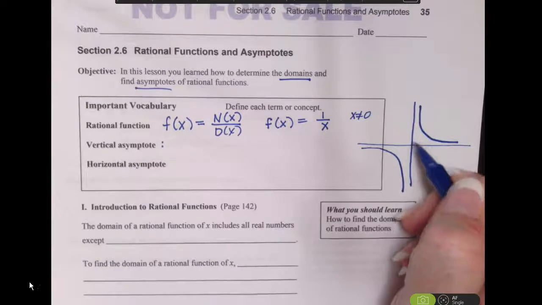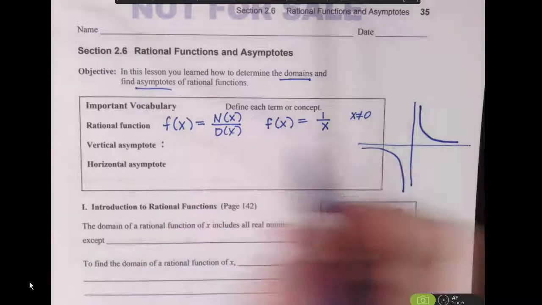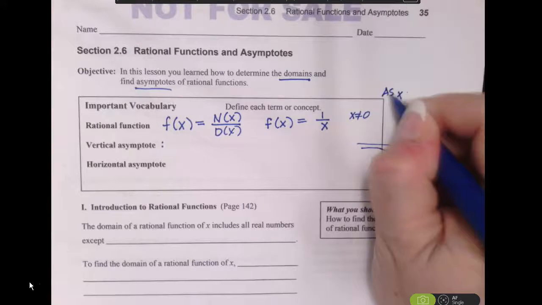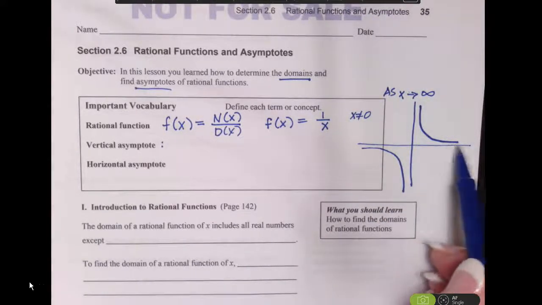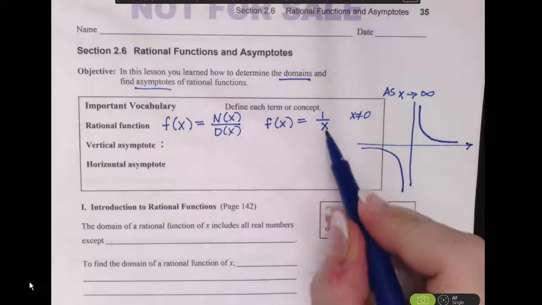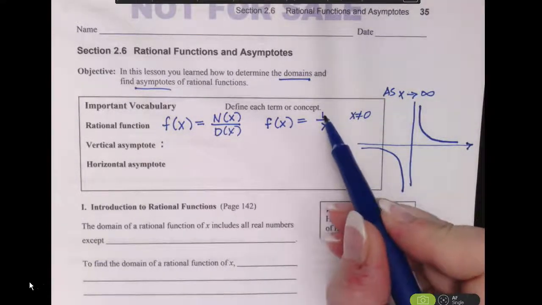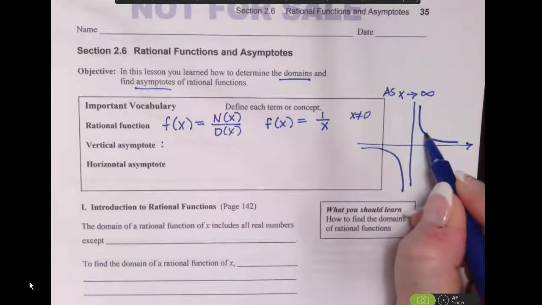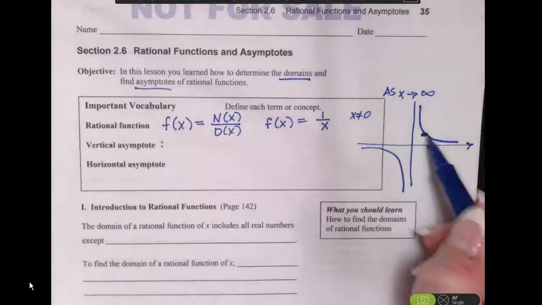So as x gets really, really big, so I'll say as x approaches infinity, that's as x goes this way on the graph towards the right, then 1 divided by those numbers gets really, really, really teeny tiny. So say x is 1, that's right here, then when we plug that in we get a 1. And so that's that point on the graph.